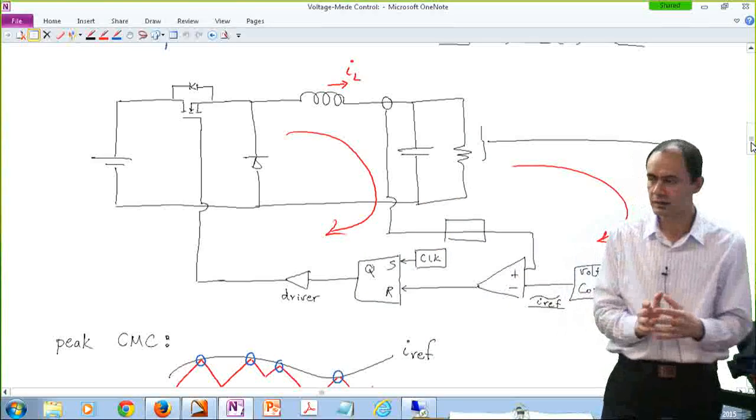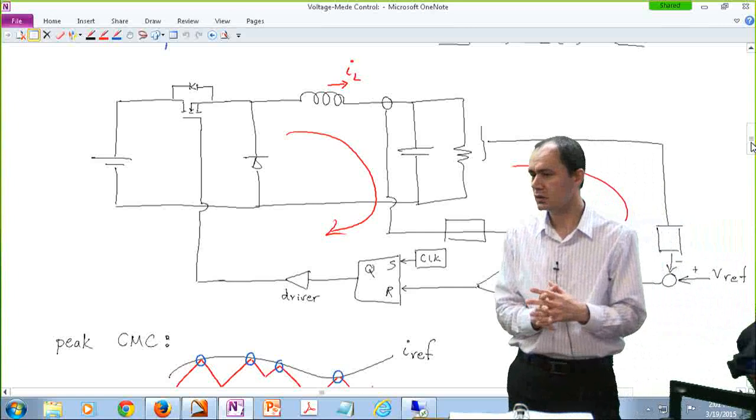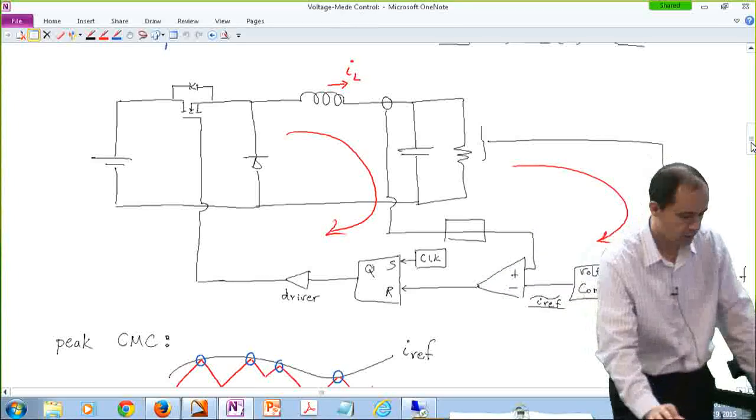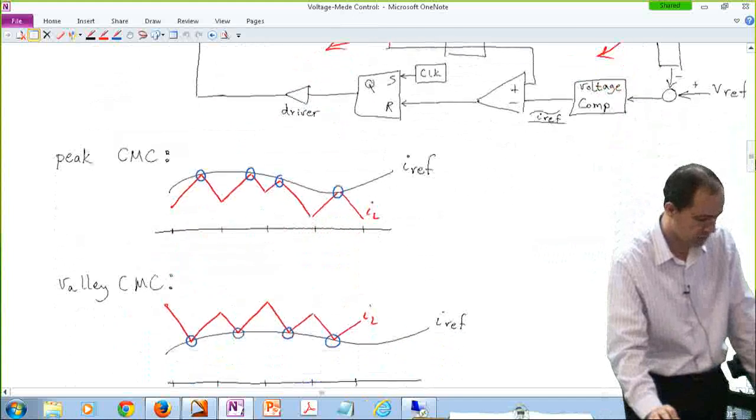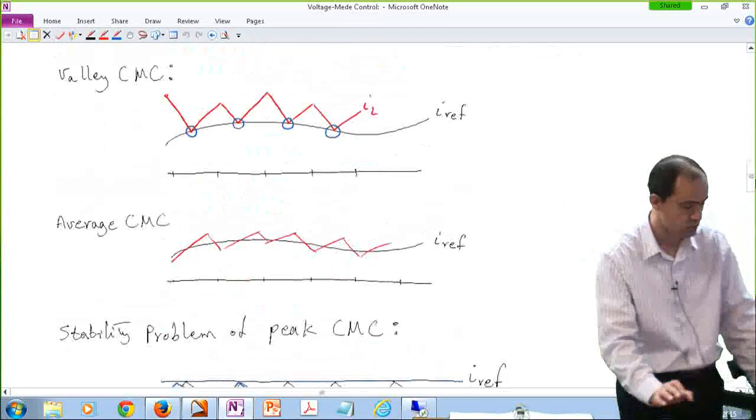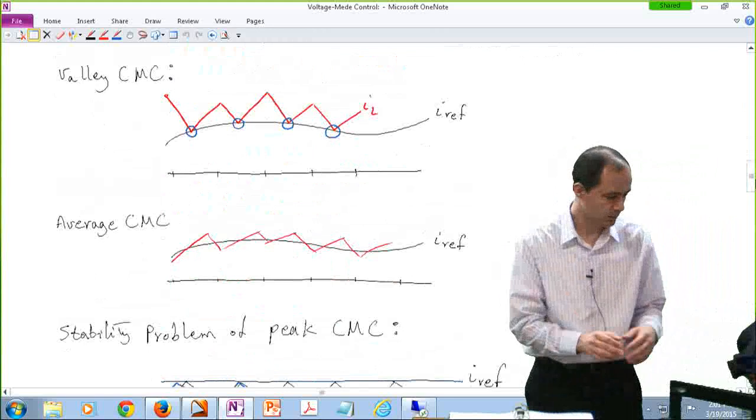We discussed at least three methods of doing current mode control. The most common one is peak current mode control, and there is valley current mode control, and there is average current mode control.